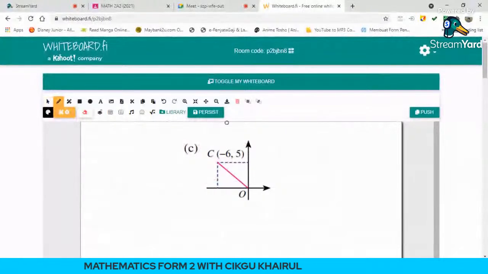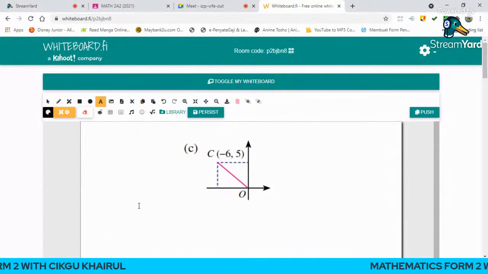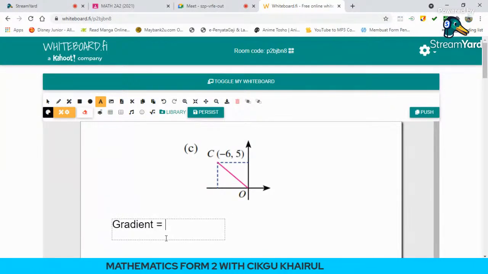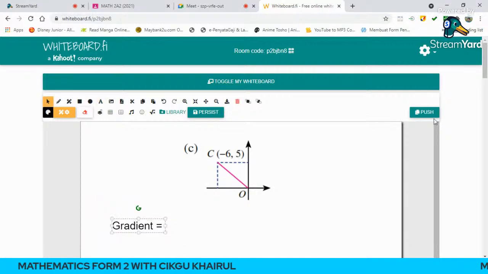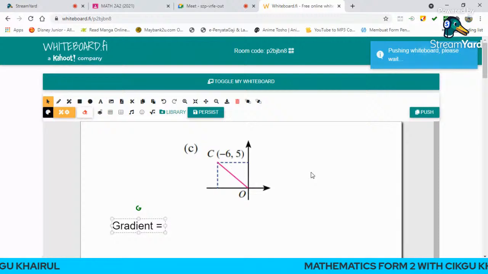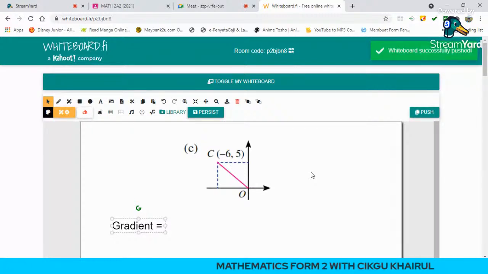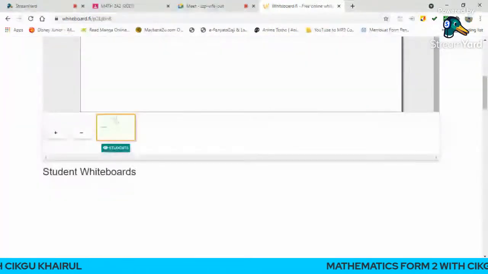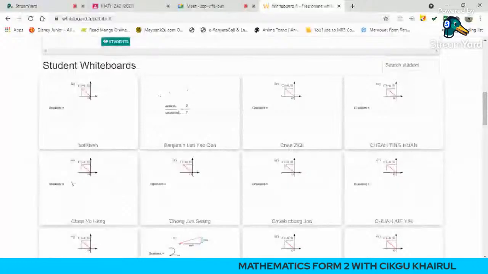So we want to calculate the gradient. Let me write here for you. Gradient equal to. So I push to all of you. If you can see the question on your whiteboard, you can open. Try to find the answer, gradient for this question.